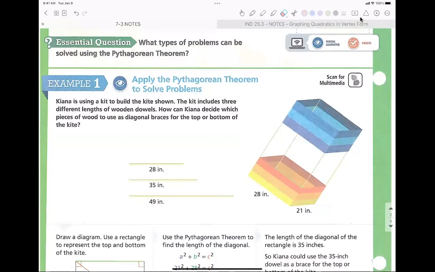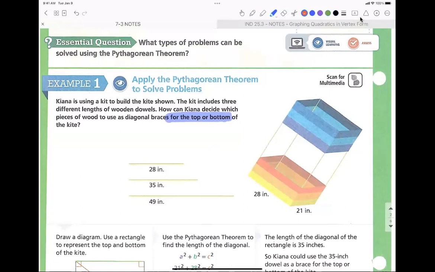So I'm going to tell you what it's not asking first. It is not wanting a brace that runs from the top to the bottom, because that would be that diagonal slicing through the box. It would be 3D.